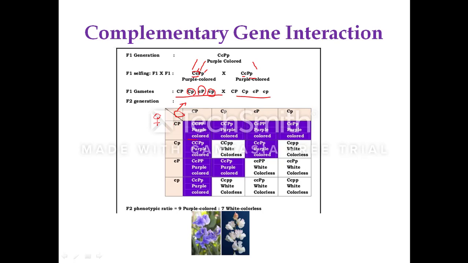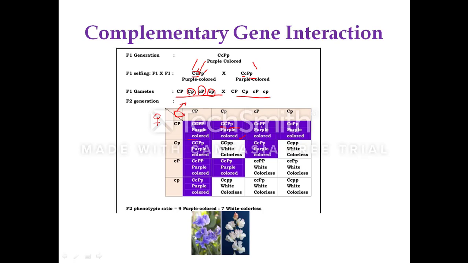Similarly, when capital C, capital P fuses with capital C, small p, here also it is homozygous dominant for CC, heterozygous for P. Here also the flower color was purple.